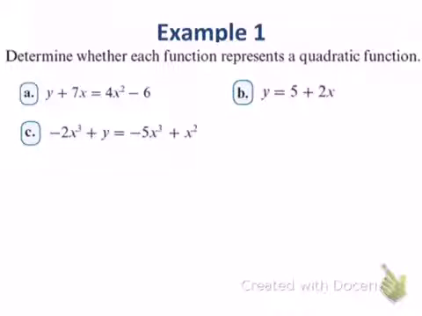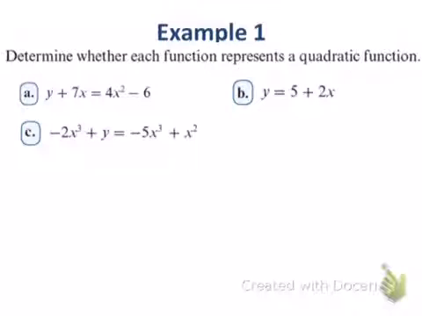All right, what about this one? Okay, we need to put this in standard form. Do we? No, actually, because it has no constant. It doesn't have to have a constant to be quadratic. But x squared isn't the highest exponent, right? Can a quadratic have an x cubed in it? No, we can't.